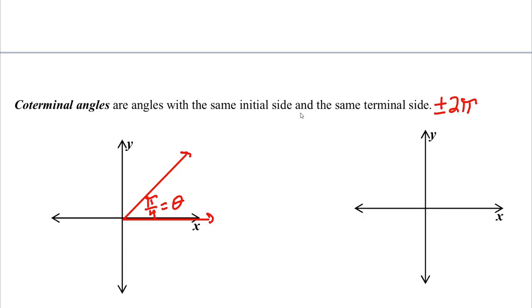So if our angle is pi over 4, we can get a negative coterminal angle by taking this and going all the way around the other way. We're going all the way around, so what we've technically just done is subtract 2 pi.